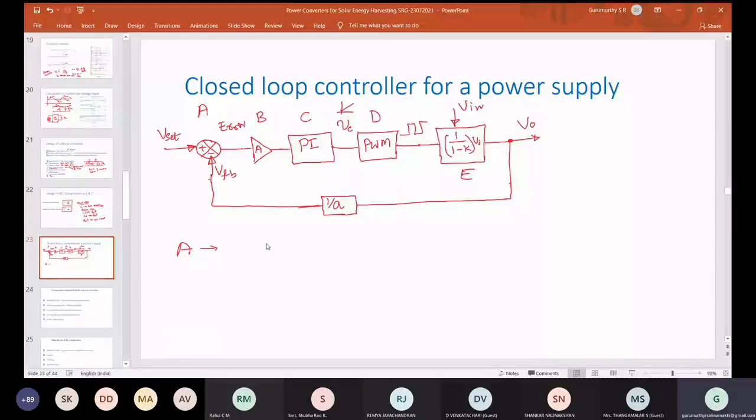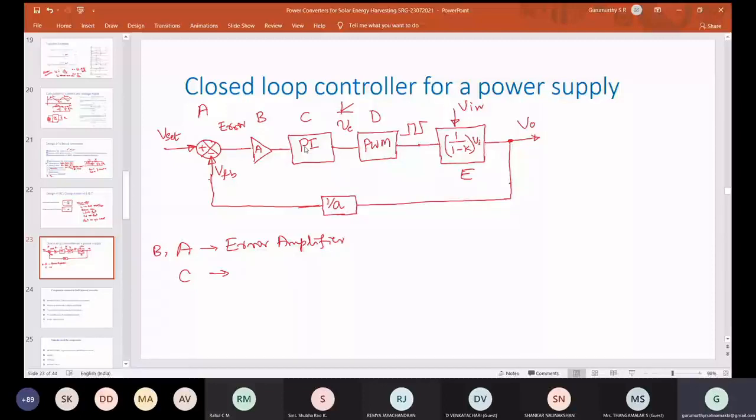B is also an amplifier, so A and B are both the same. Then there is a PI controller, that is C. That is also an amplifier only, maybe one operational amplifier, which you can build. We can build a PI controller. So another operational amplifier is required here.